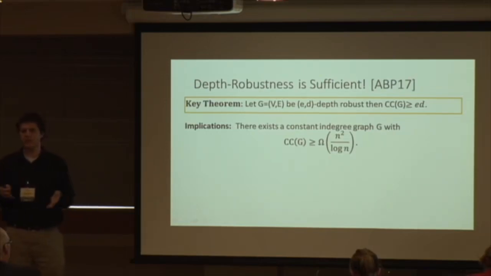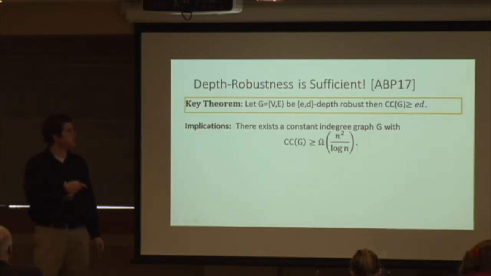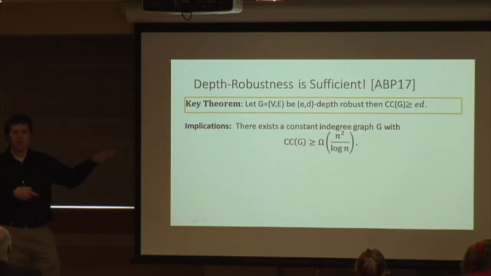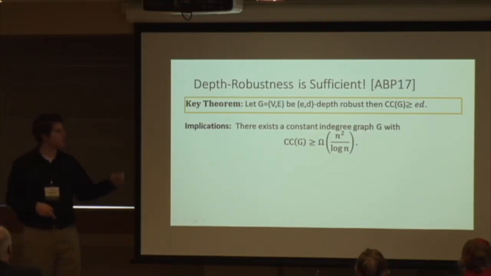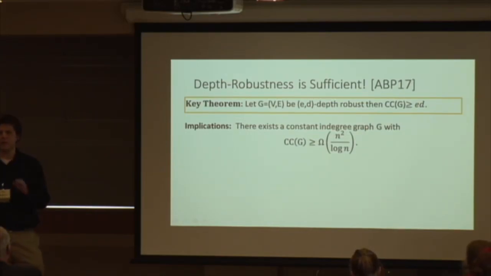So if E and D are both close to n, then the cumulative cost of your pebbling is close to n squared. In particular, this immediately implies that there exists a constant in-degree graph with cumulative cost that scales as n squared over log n. So not perfect, but pretty close to n squared.